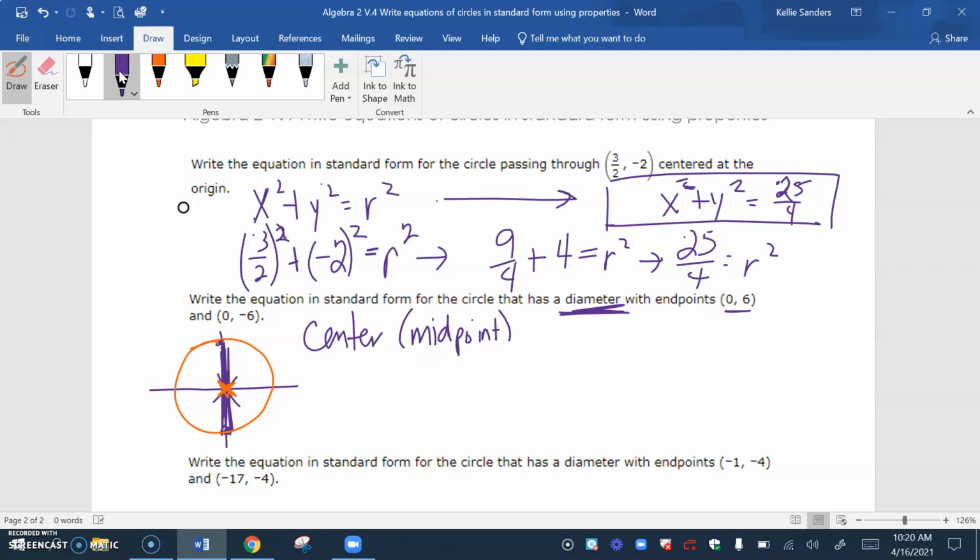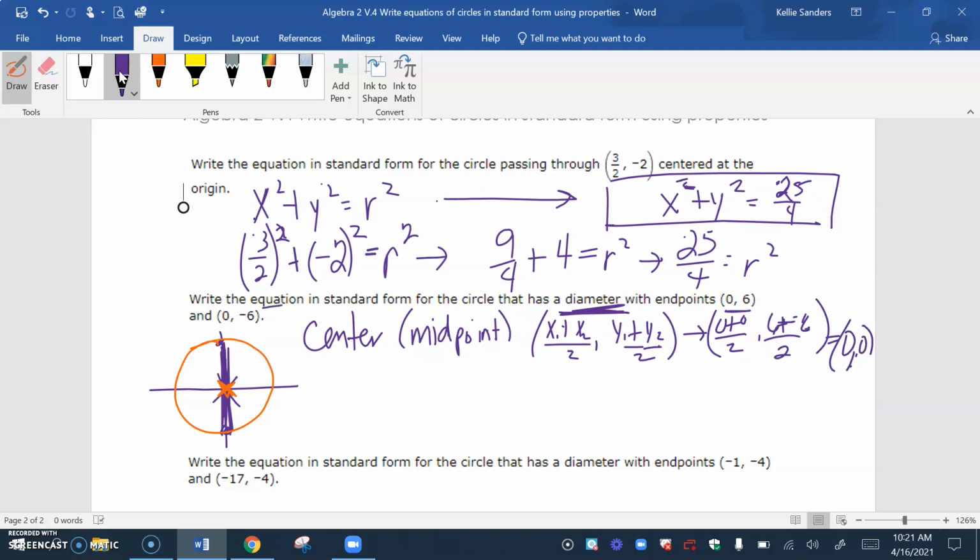And you learn this in geometry, where it was (x1 + x2)/2, (y1 + y2)/2. So (0 + 0)/2, (6 + negative 6)/2, which ends up being 0, 0.